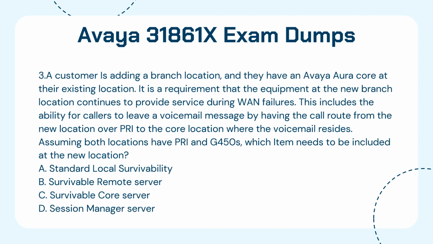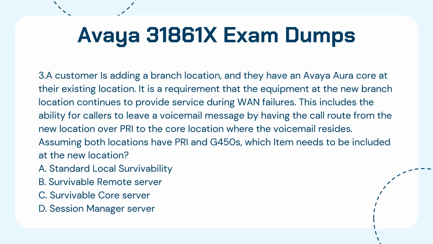3. A customer is adding a branch location, and they have an Avaya Aura core at their existing location. It is a requirement that the equipment at the new branch location continues to provide service during WAN failures. This includes the ability for callers to leave a voicemail message by having the call route from the new location over PRI to the core location where the voicemail resides.